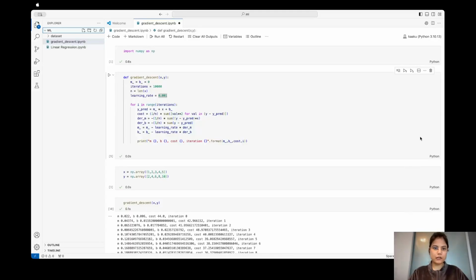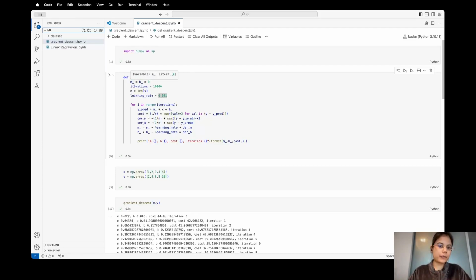Okay guys, so let's now move to the coding part, the practical implementation of gradient descent. Here you can see I have imported the NumPy library and then defined the gradient descent function.